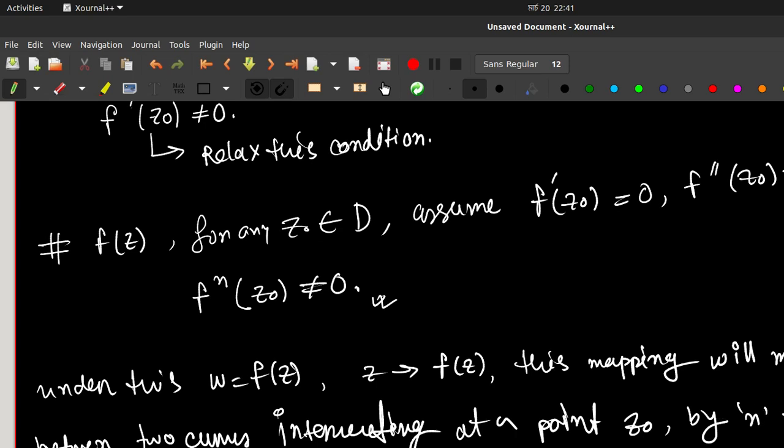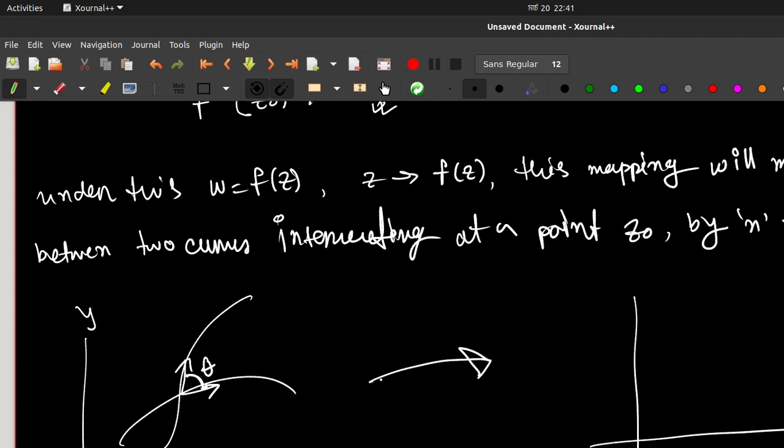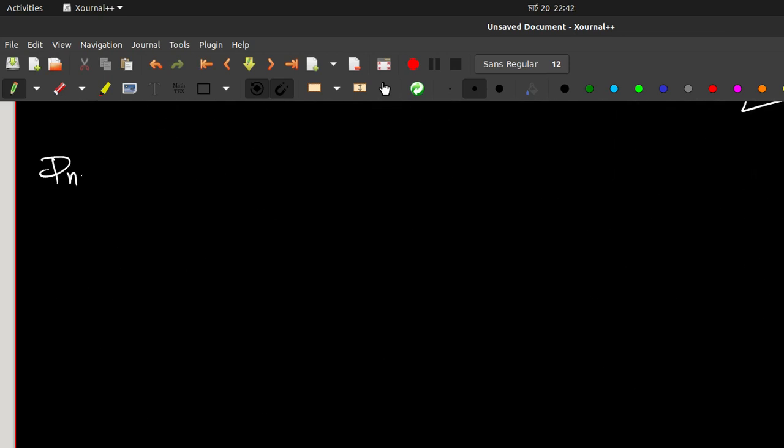So that means, on the z plane, this is the picture: if these are two differentiable arcs and this is the angle theta, then under these conditions, on the w plane with axes u and v, this angle theta prime will be related to the angle theta as theta prime equals n times theta. So how do we prove it? This will be the proof.